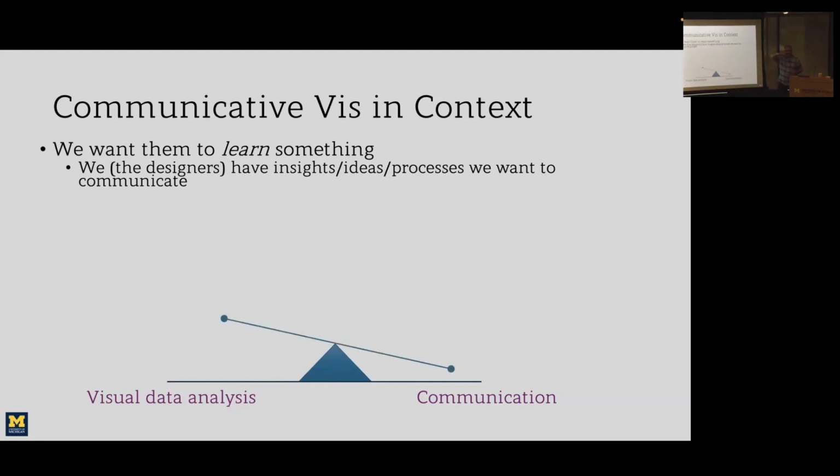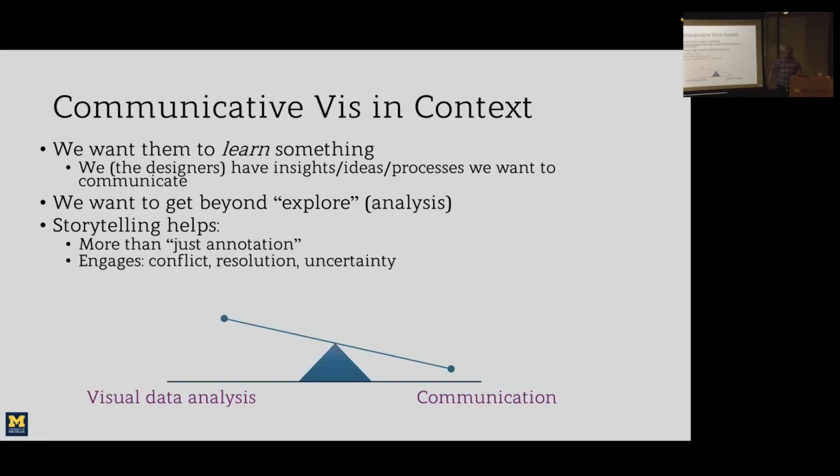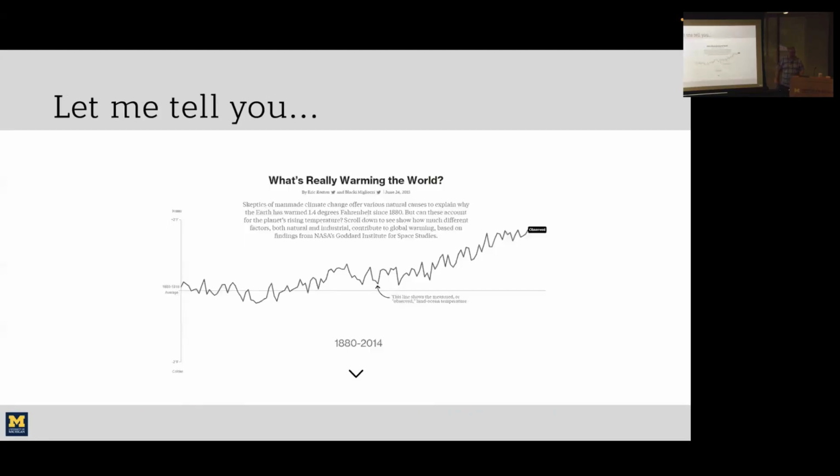So there's a little bit of a seesaw, whether we want them to just do analysis or whether we just want to communicate some point to them. Different approaches exist to support different kinds of balances here.